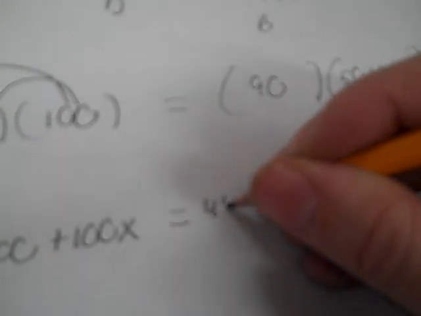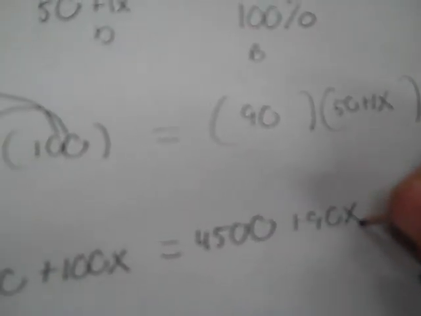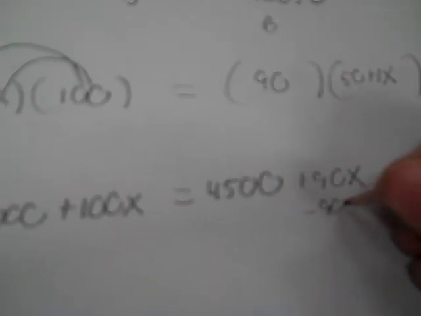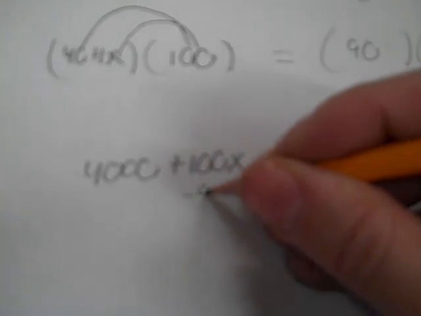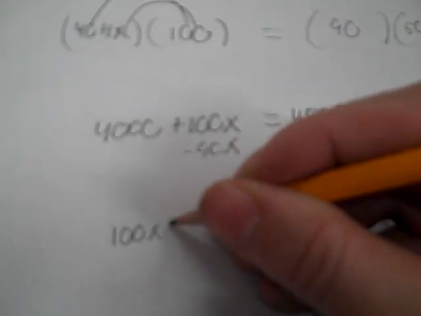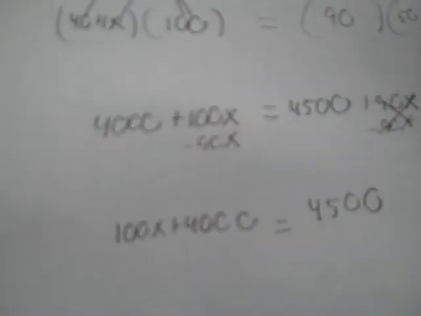Okay, the other side, 90 times 50 is 4,500 plus 90x. Okay, now my x's are like terms, so let's just get them on the same side first because I can collect all those. So it's 100x plus 4,000, then 4,500.